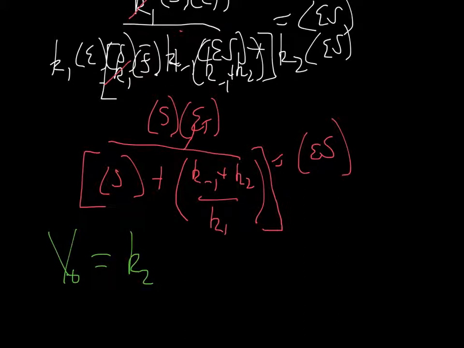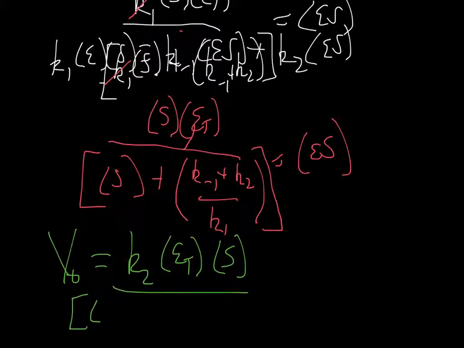Okay, so I'm just going to rewrite it. I'm going to move the ET over just for simplicity's sake in just a moment. But it's the same thing, divided by concentration of substrate plus K minus 1 plus K2 divided by K1.